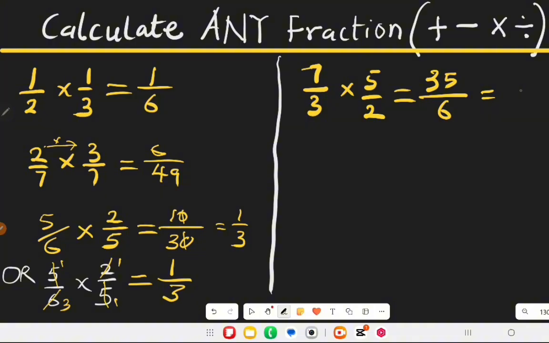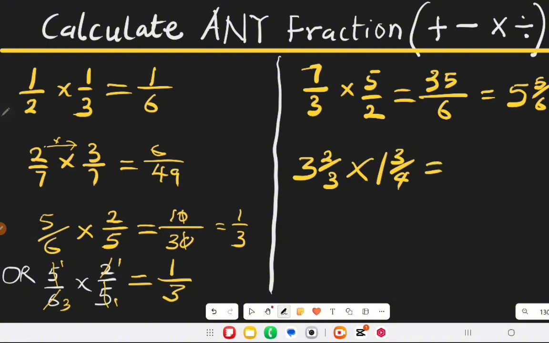We have 5 whole lots of 6, left with 5 all over 6 as the answer. For instance, if we have 3 whole number, 2 all over 3 times 1 whole number, 3 all over 4, we have to change these into improper fractions before we can multiply out.